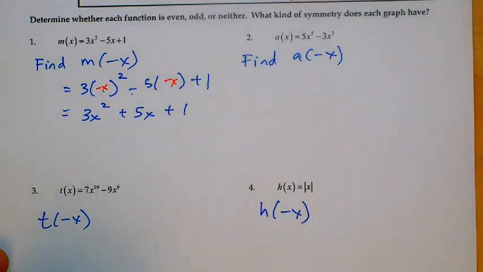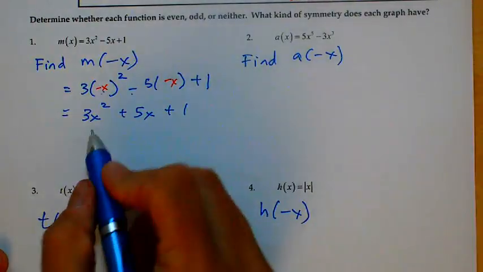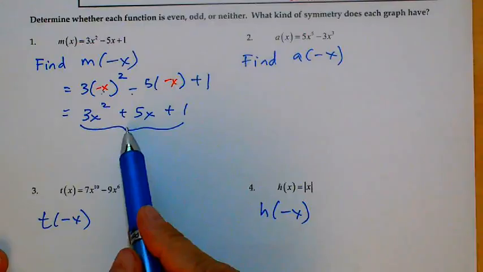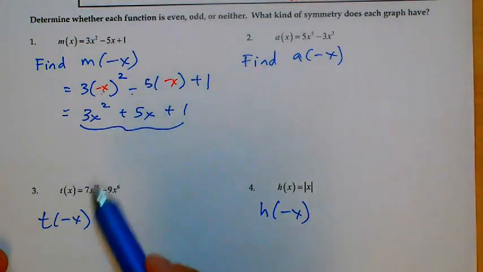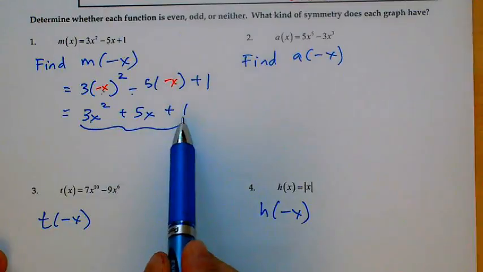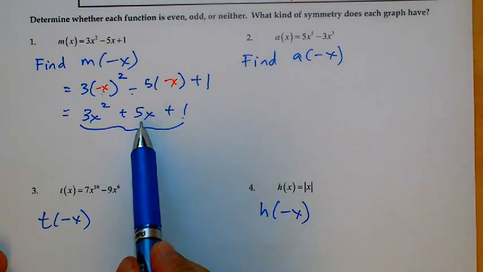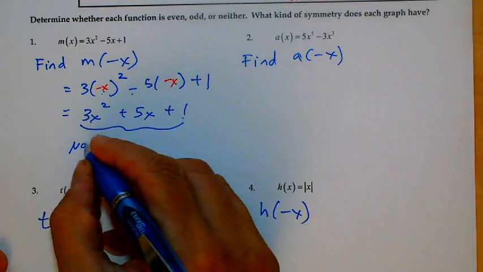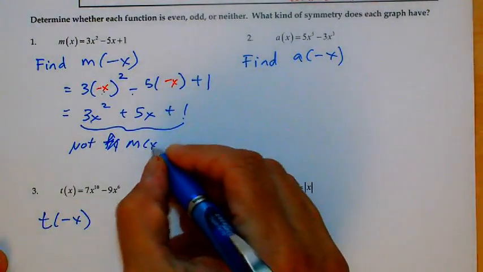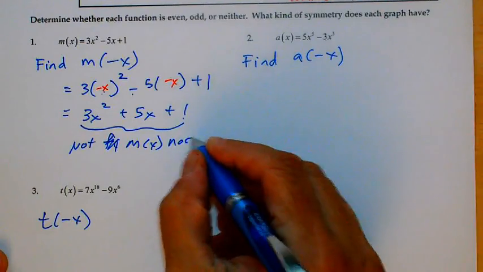All right, so let's examine this. We have to now look at the original and look at our answer and decide, are they the same, are they exactly the opposite, or are they neither? And I think we'd have to conclude, well, the first and the last terms are the same sign, but the middle term is a different sign. So this is not m of x, nor the opposite.